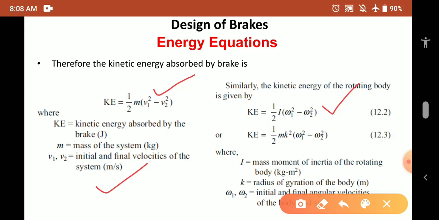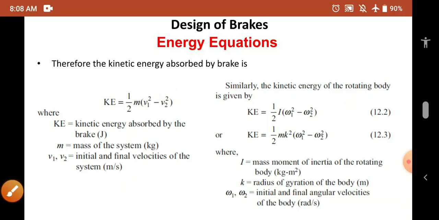So the kinetic energy equals 1/2 I (omega 1 square minus omega 2 square), or also we can write it as 1/2 m k square (omega 1 square minus omega 2 square), where omega 1 and omega 2 are the initial and final angular velocities of the body in radians per second, m is the mass in kg, I is the mass moment of inertia of the rotating body in kg meter square, and k is the radius of gyration of the body.